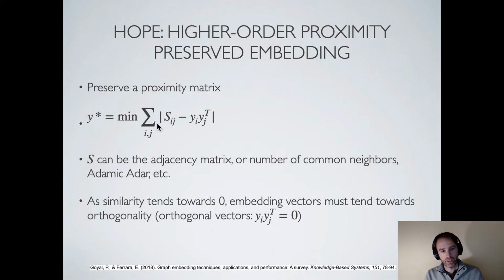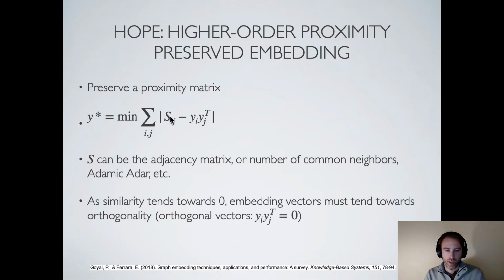This objective function can be understood as really keeping the distances in the similarity matrix, conserving these distances in the embedding.